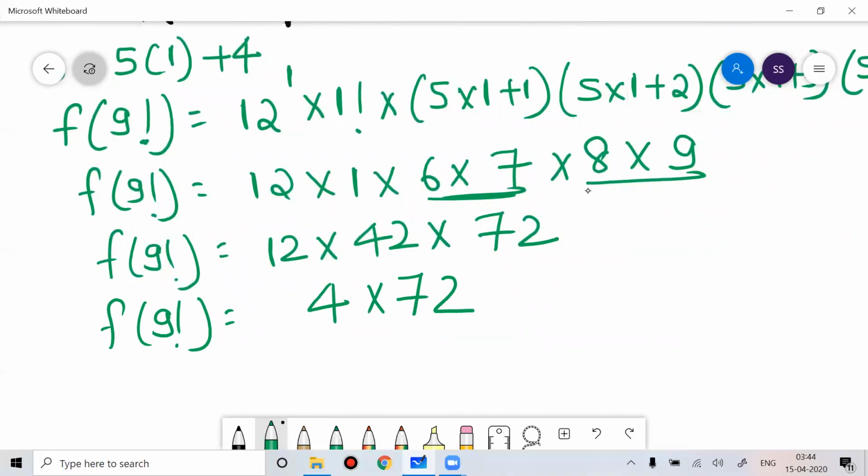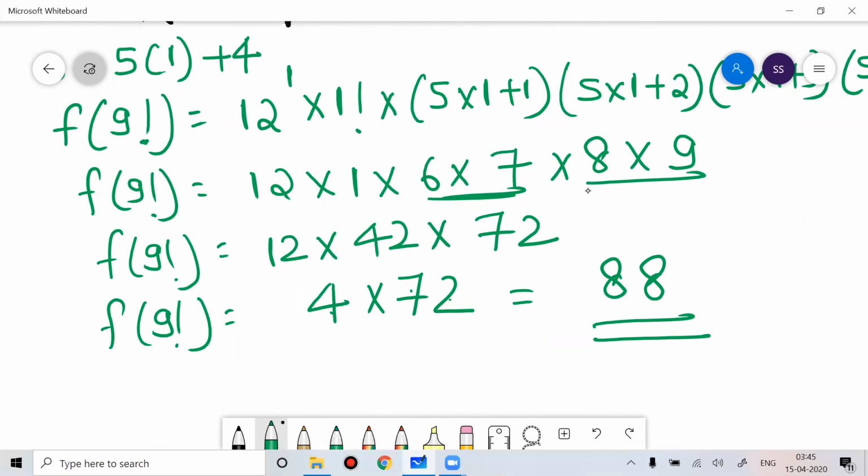So what is 72 fours are? You can write 4 twos are 8 and 7 fours are 28. I just want the last two digits. Hence you got this answer. So guys, this is the way how you can find the last two non-zero digits of n factorial.